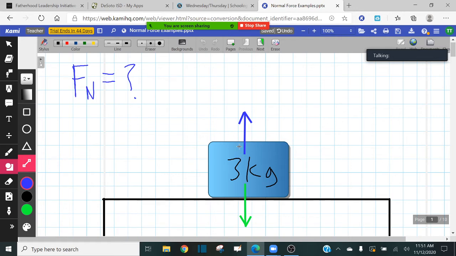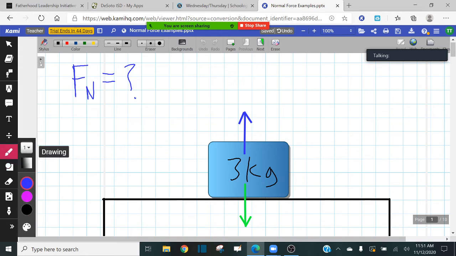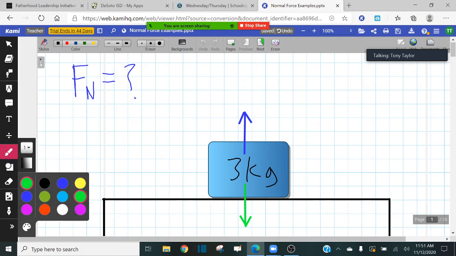Okay. Before we can figure out the normal force, we need to figure out what is the magnitude of the force of gravity. Remember, the equation for the force of gravity is just mass times 9.8, where I'm going to round 9.8 out to 10 to make my calculations easier.